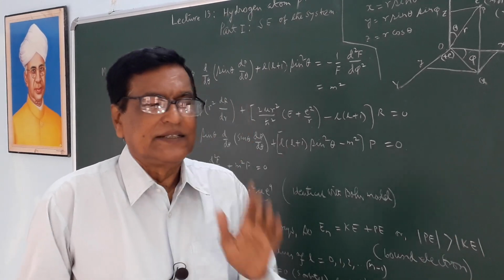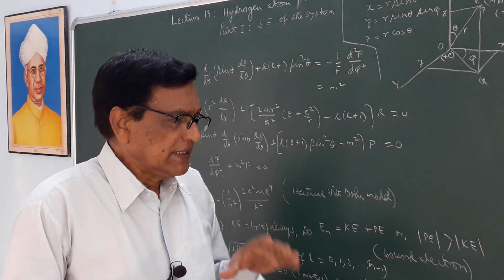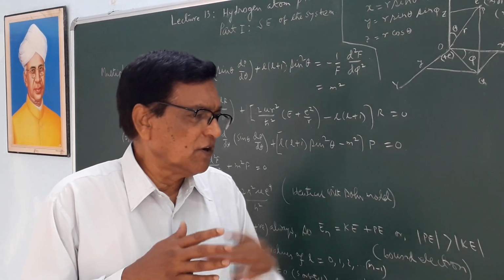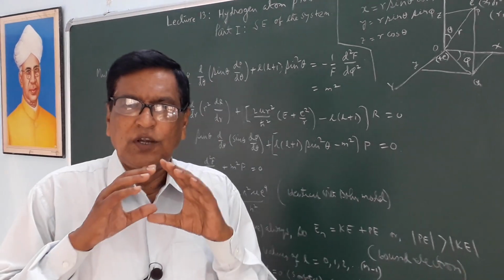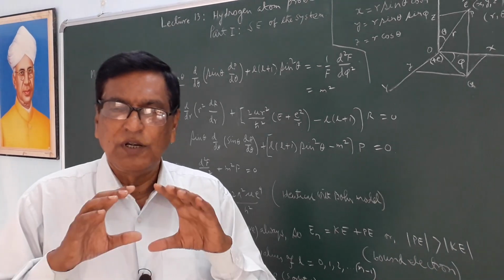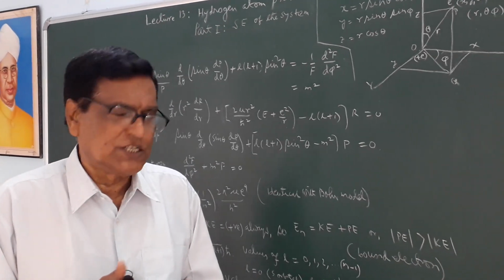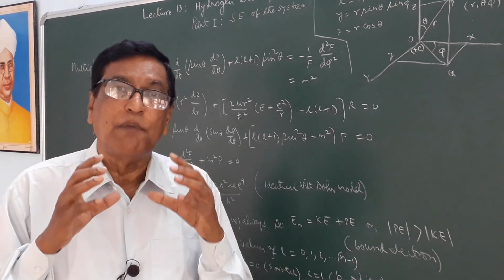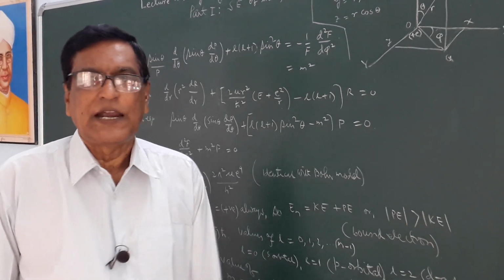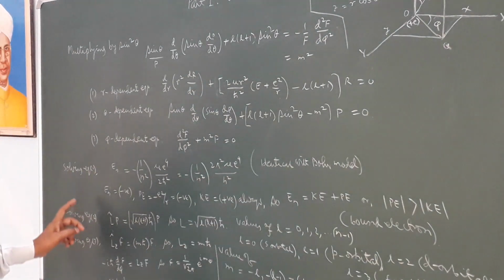It means that the kinetic energy, the kinetic motion of this electron, will not remove the electron from the influence of the nucleus. So the electron here is a bound electron, and this is why the hydrogen atom is stable.